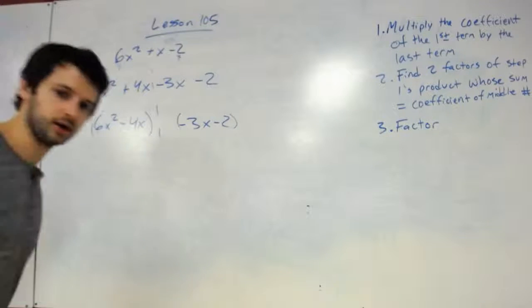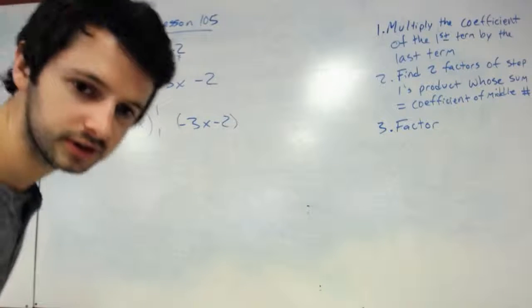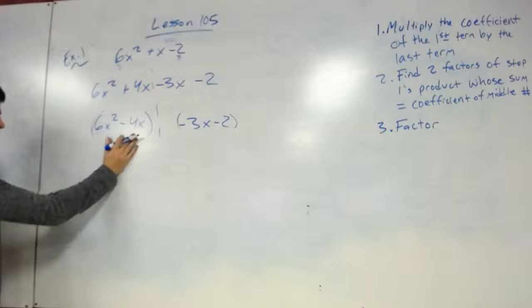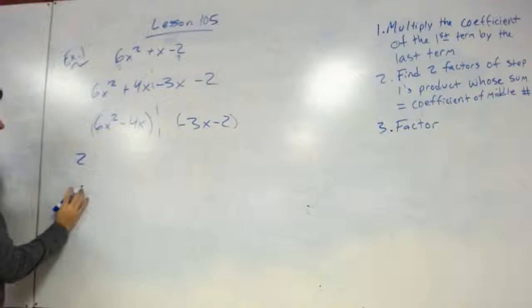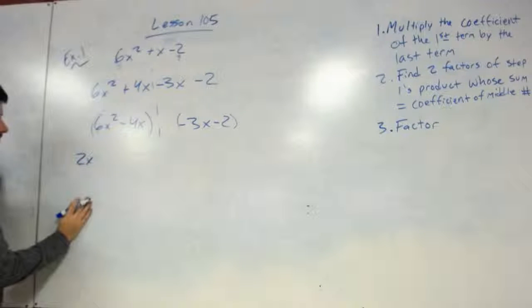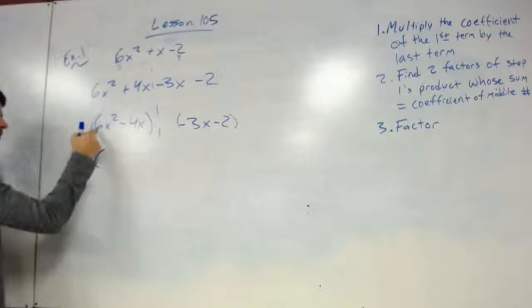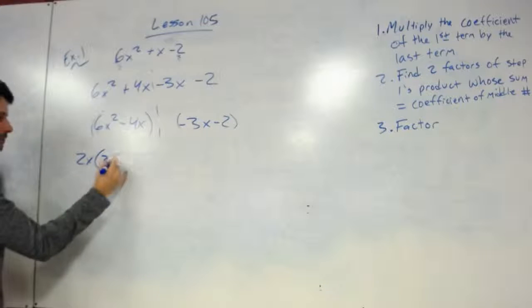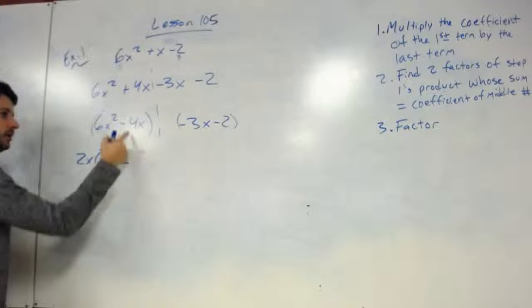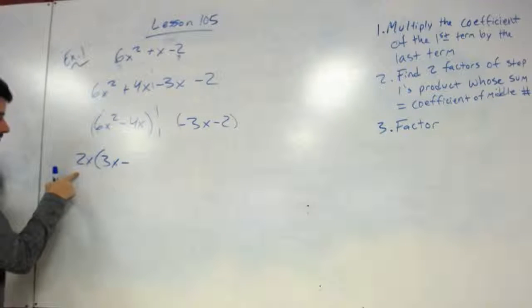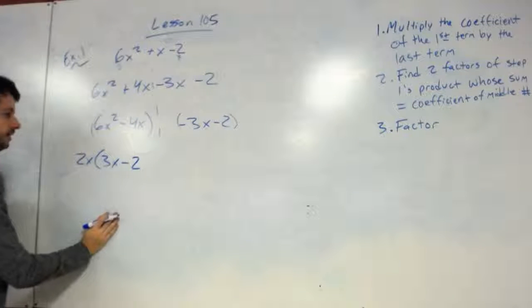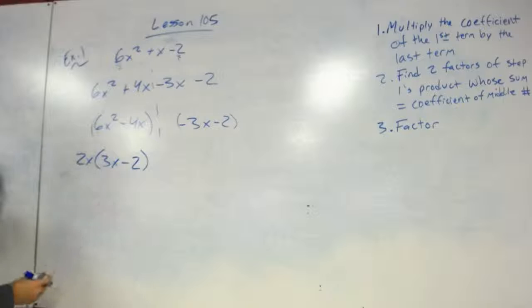All right, I can factor from the 6x squared and 4x a 2, and I can factor an x. What does that leave me with? That leaves me with 6 divided by 2 would be 3, x squared divided by x would be x. 4 divided by 2 would be positive 2, and there would be no x left.